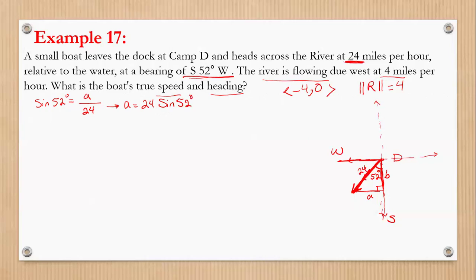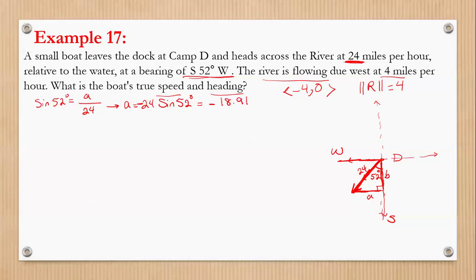But as you see in this picture, A is in the negative direction. A should be negative, that's right, because it's on the west. So don't forget to keep it negative. So the answer, if you put it in the calculator, 24 times sine of 52 degrees, should be 18.91.